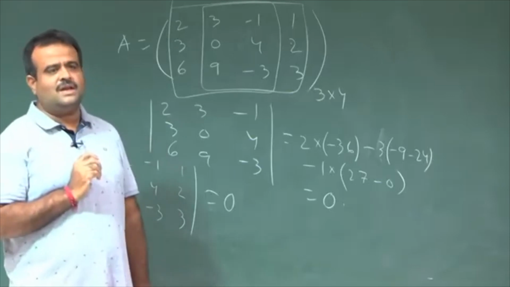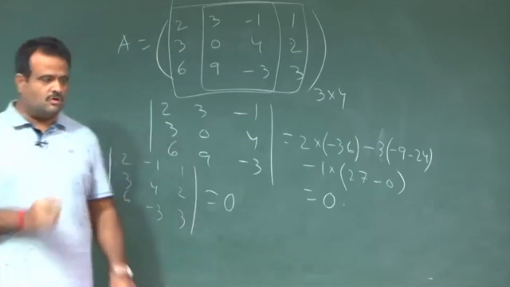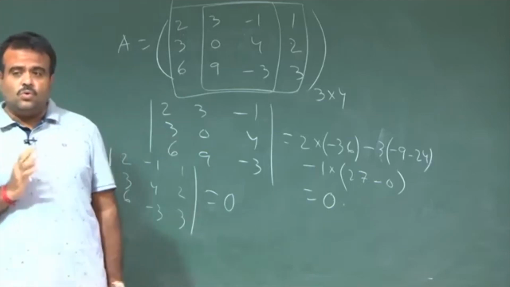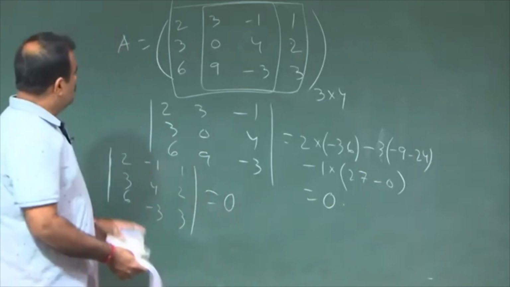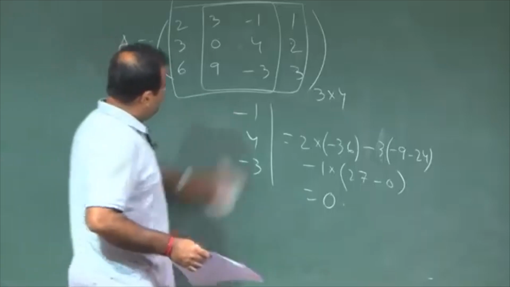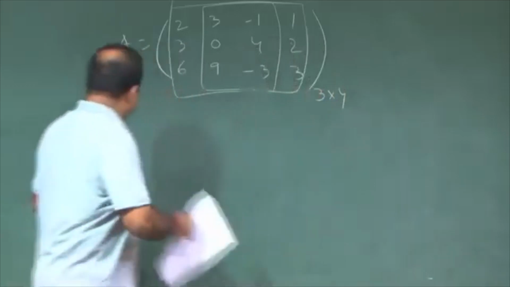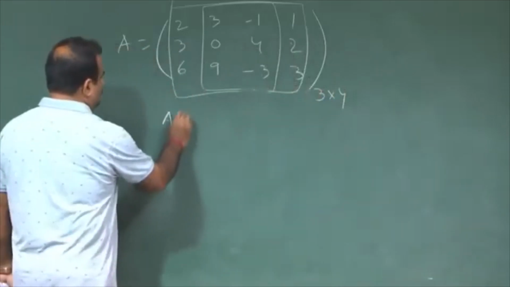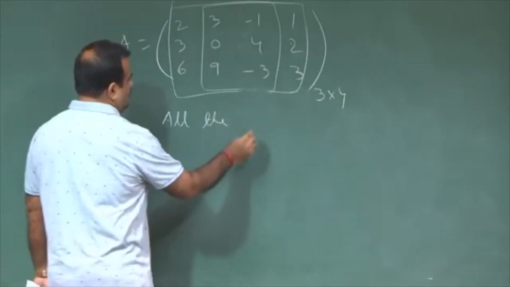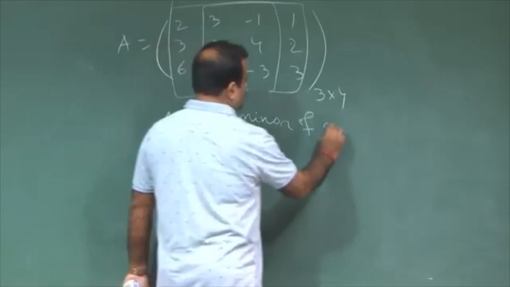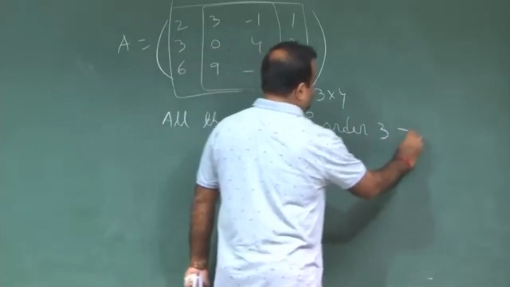Now, we have to check whether rank could be 2 or not. For that we need to find at least one minor of order 2 which is non-zero. So, let us try to get that. All the minors of order 3 are 0.